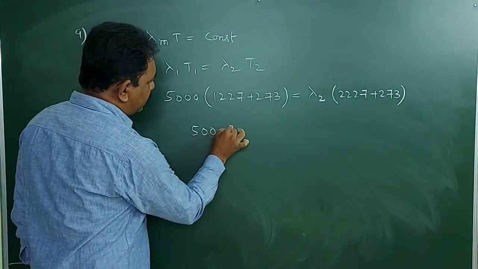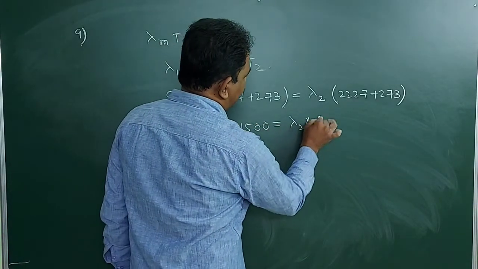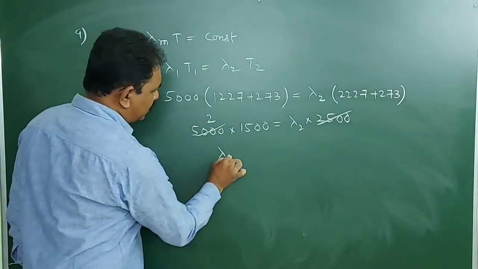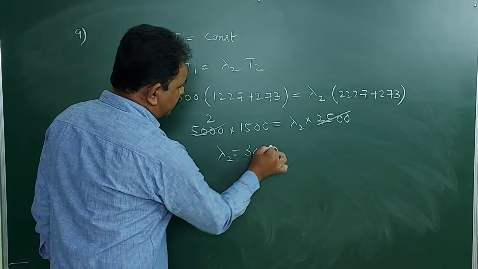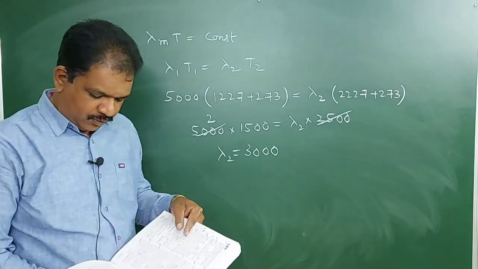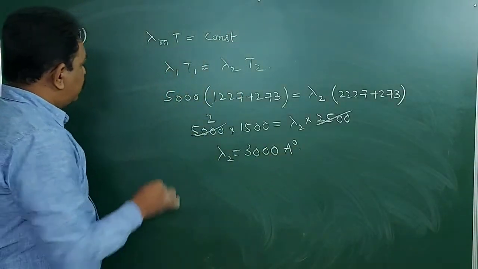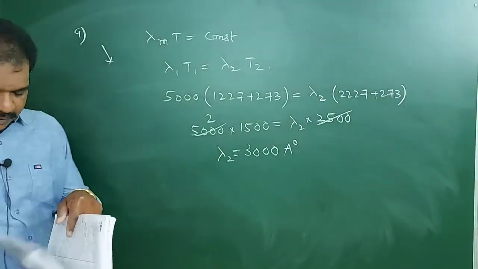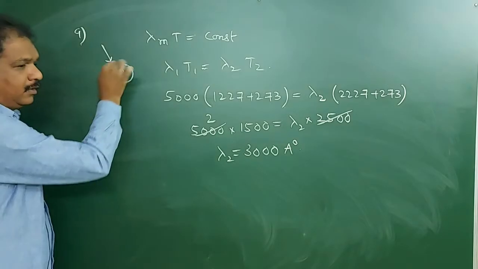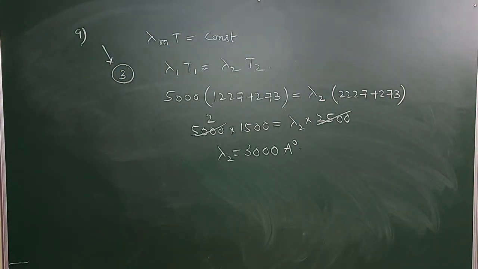So 5000 into 1500 is lambda 2 into 2500. 2 times will cancel. Lambda 2 is equal to 3000 angstrom unit. So 9th, it will be third option. Next, see the 10th question, what they are asking.